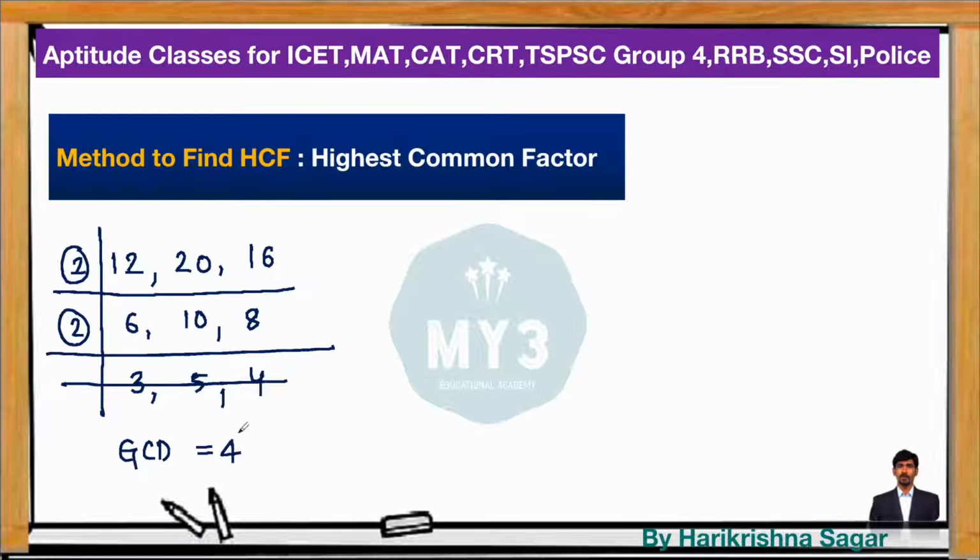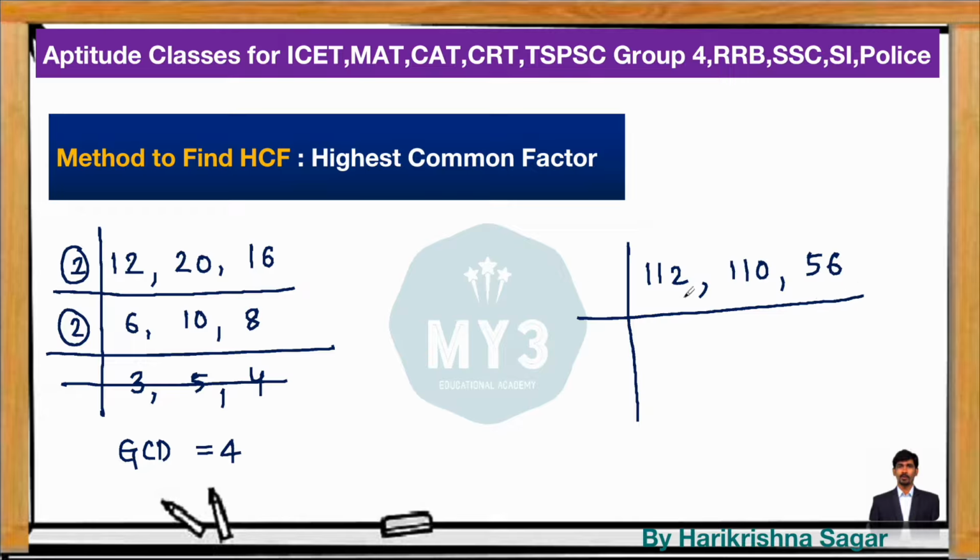Similarly, let's take another question. For example, we have numbers like 112, 110, 56. What is the HCF of these numbers? What you need to do is divide with the number which can completely divide them. Stop your calculation wherever you get uneven numbers. That means here I am just dividing with 2.